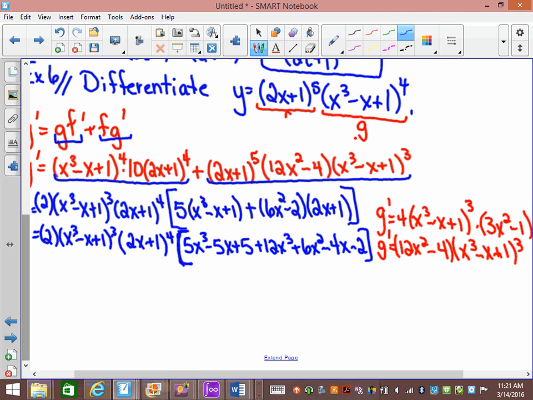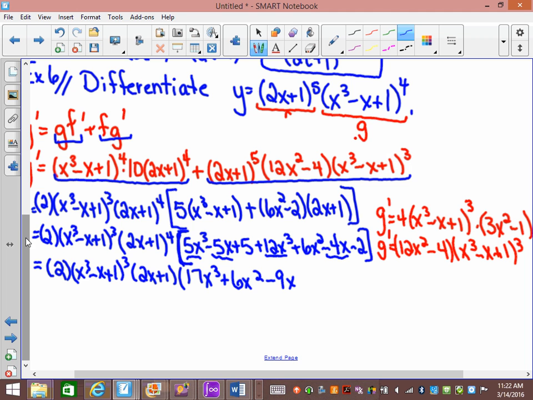And then we collect like terms. 5x cubed plus 12x cubed is 17x cubed, plus 6x squared, minus 5x minus 4x is minus 9x, plus 5 minus 2 is plus 3.